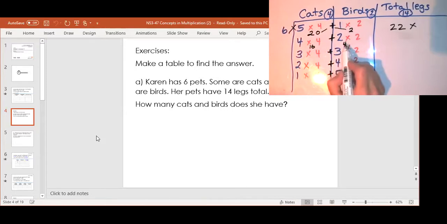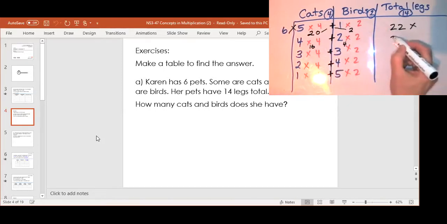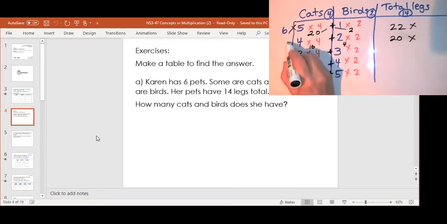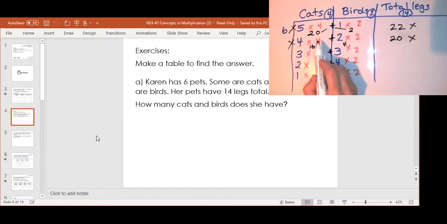Well, I know 6 and 4 is 10. So 16 plus 4 is going to have to be 20. Is that the magic number? Nope. So she can't have 4 cats and 2 birds or 5 cats and 2 birds. Both of those are wrong.